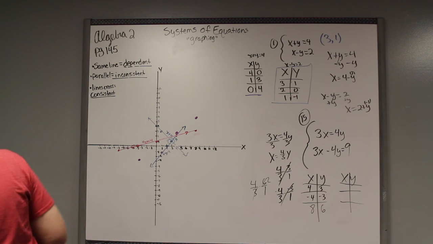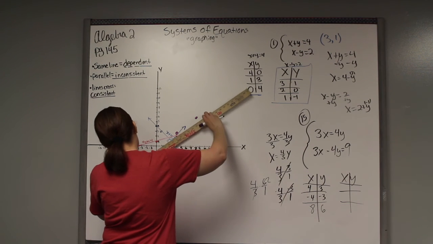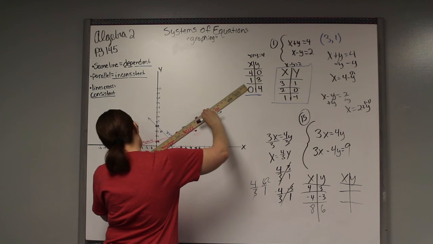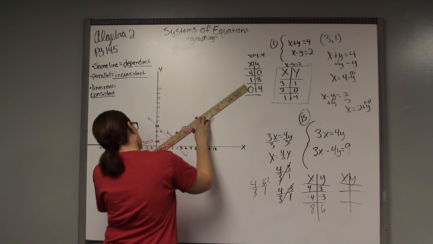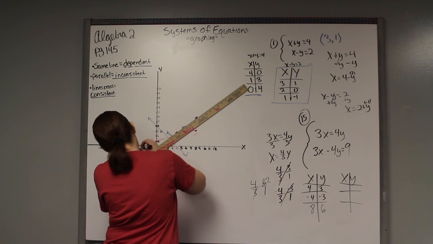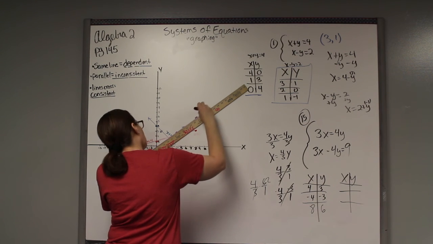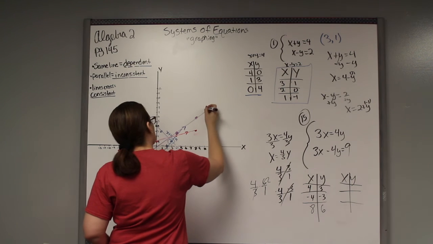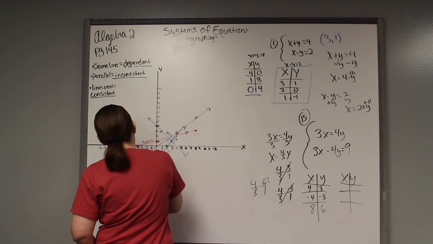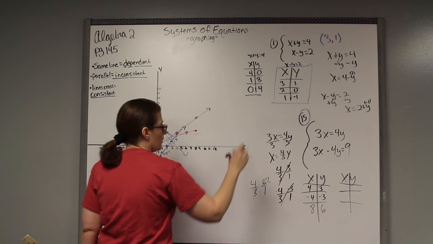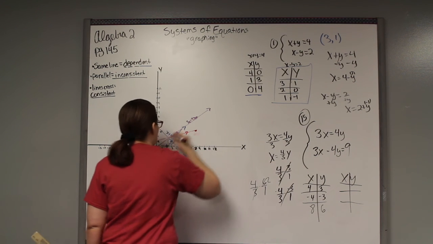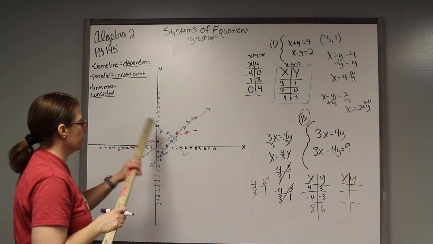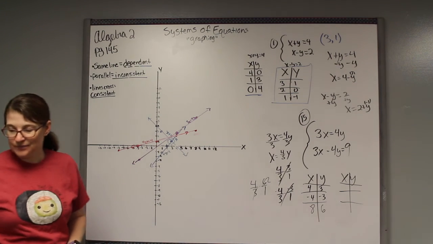And this ruler might not be long enough, so I'll have to use this. And that was 3x equals 4y. You see why I only want 3 of these on one? Because that's a mess as it is.